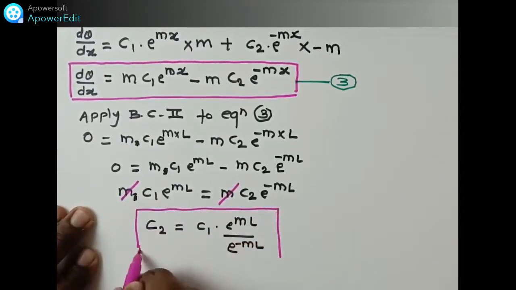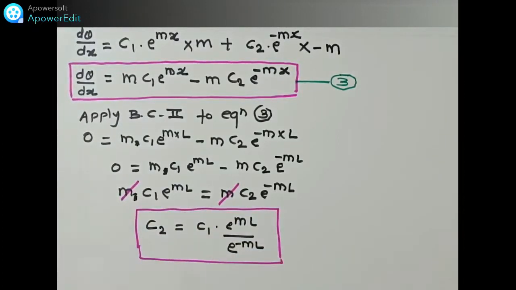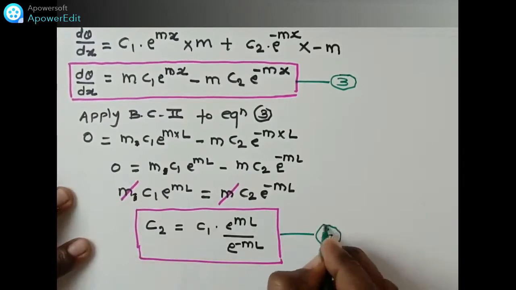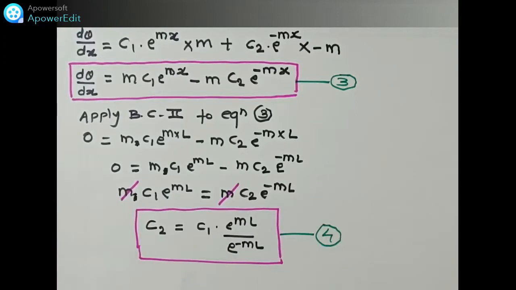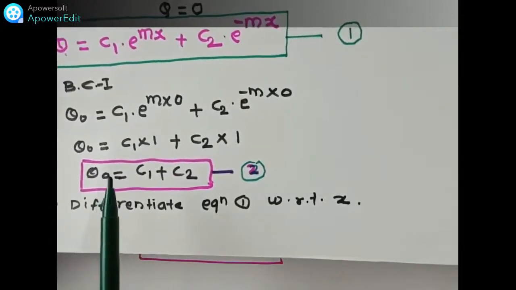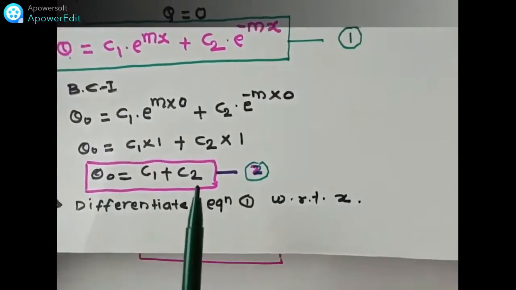Say this equation number 4. Now this C2 value we can put in equation 2. So equation 2 is theta 0 is equal to C1 plus C2.